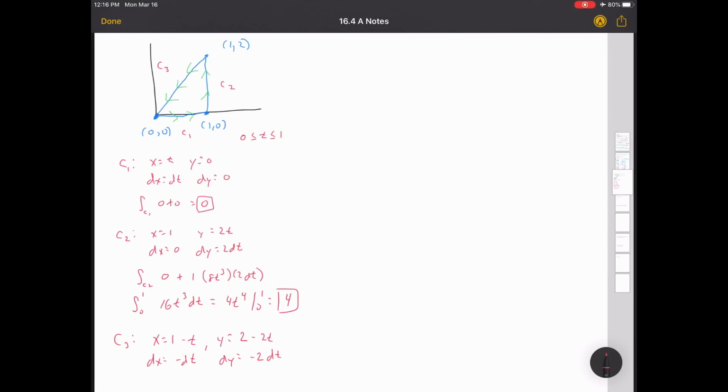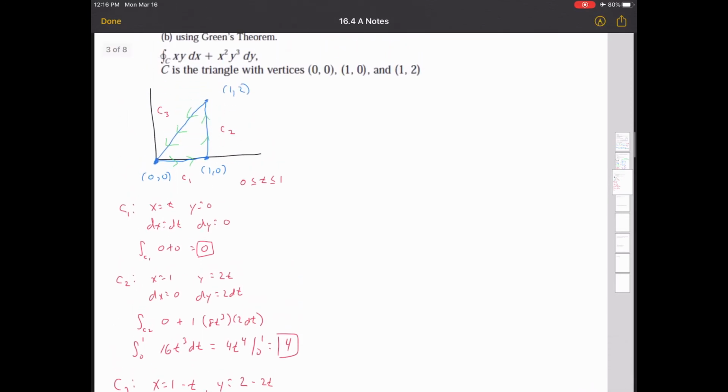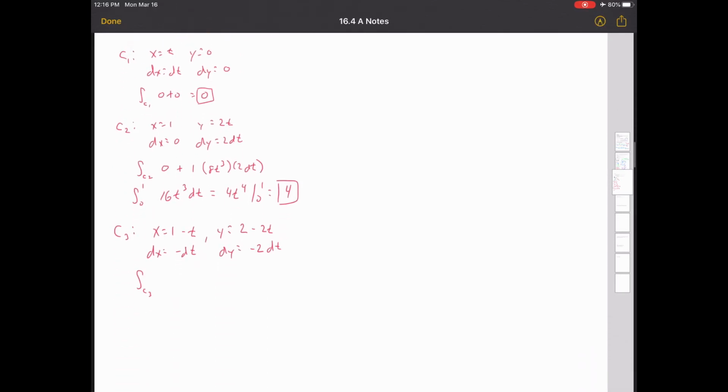So yeah, this is definitely going to give us stuff to plug in here. So our line integral for C3, let's see, what do we have first here? xy dx. So we're going to have x, y, and dx is negative dt, so I'll just write that in there for now, and we'll pull that negative through later.